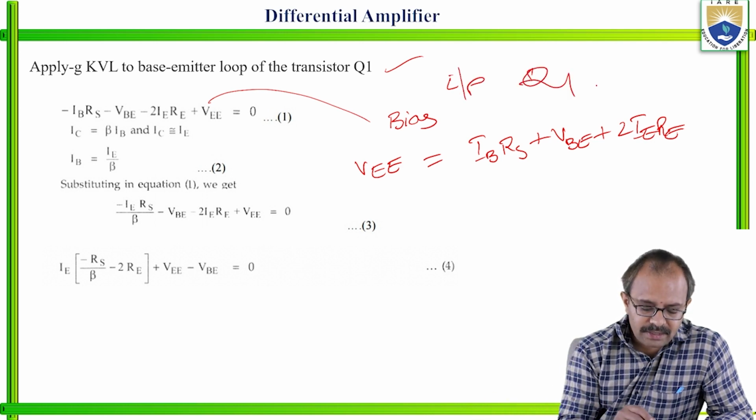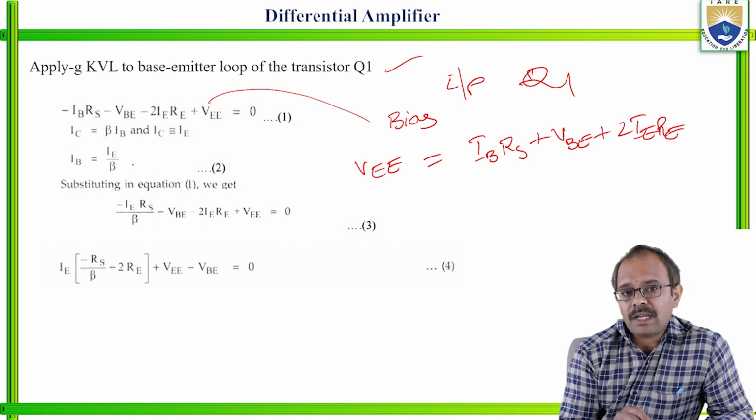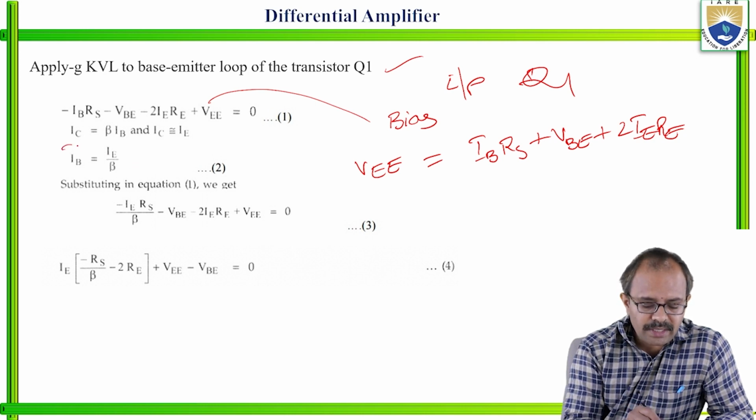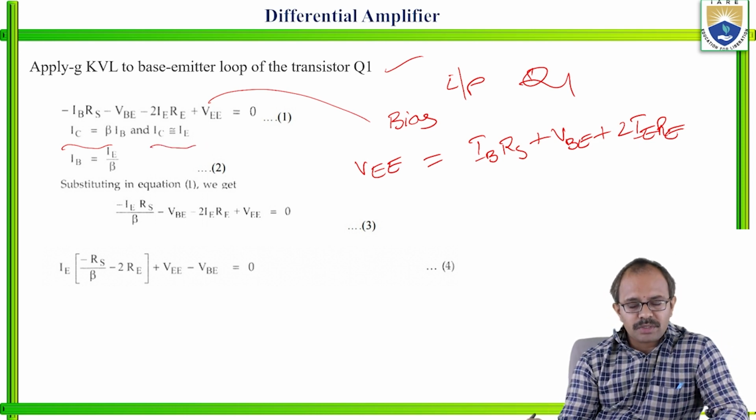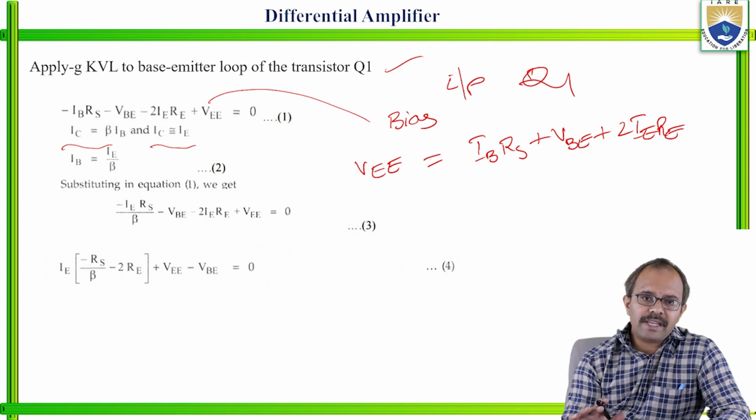Now if you look at the actual notations, we know that IC equals beta IB and IC is approximately IE. If we substitute these things here, we can rearrange the first equation.